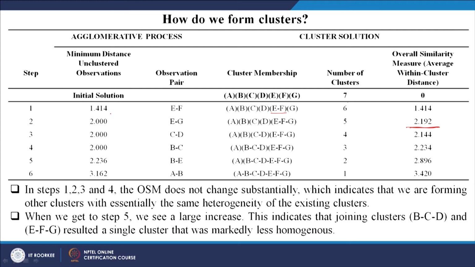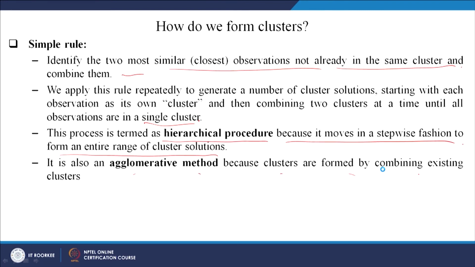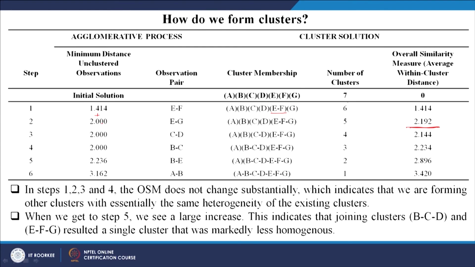Let us add these two, plus F and G, which you can measure here. For F and G, 7 minus 6, 1 square, plus 7 minus 4, 3 square. So 1 square plus 3 square is 1 plus 9, 10. The square root of 10 is 3.162. So now this plus this 3.162 kind of a value.